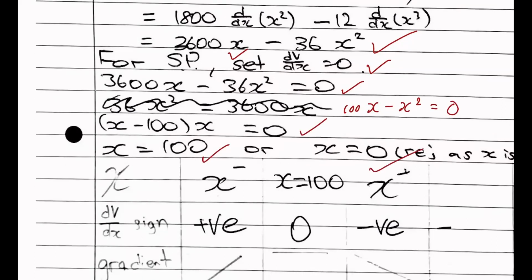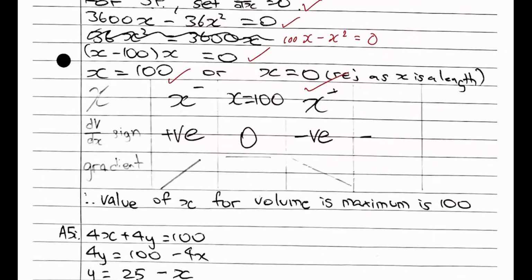Okay, sub in, this must be our maximum. So if you just sub in a smaller value of x here, instead of saying x minus, x plus, it makes sense. You find the sign is positive, 0, negative, and the gradient is upward sloping, horizontal, then downwards.